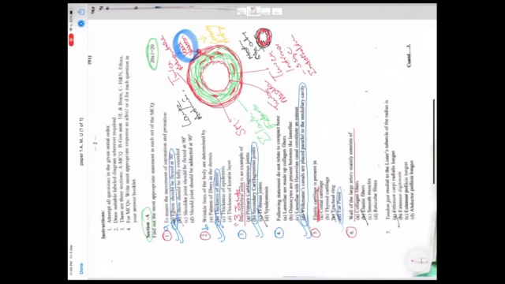That's why the medium size artery is also called the muscular artery, and large arteries are also called elastic arteries.